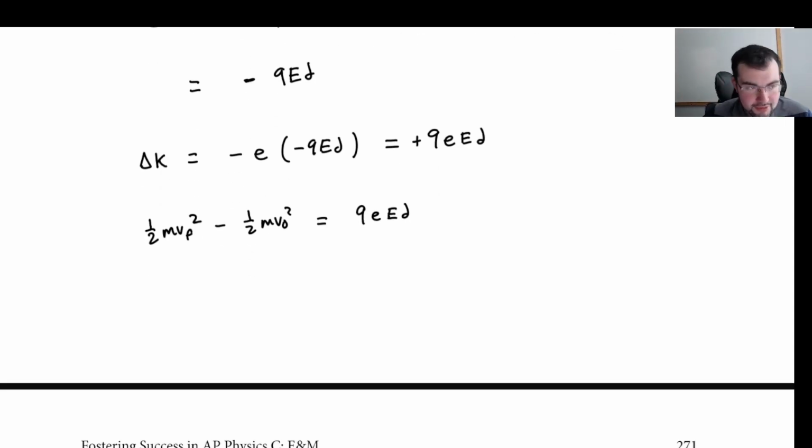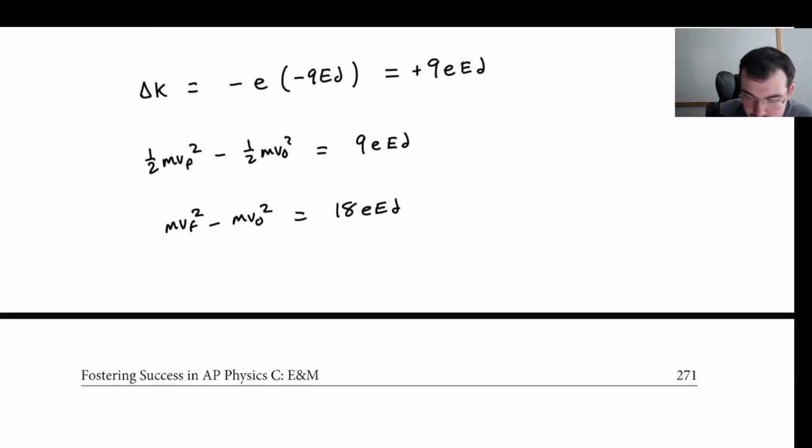We can multiply everybody by 2, and get m vf squared minus m v0 squared equals 18 EED. Divide everybody by m, we get vf squared minus v0 squared equals 18 EED over m.